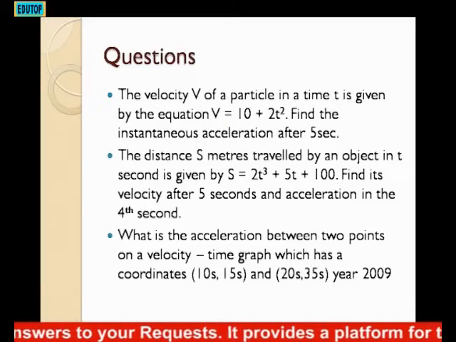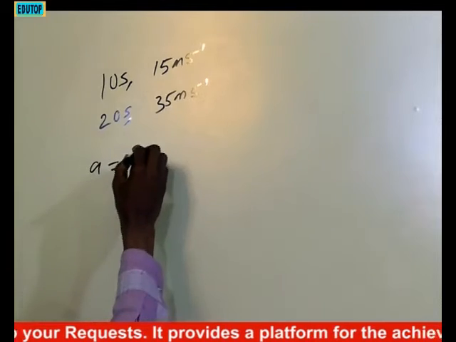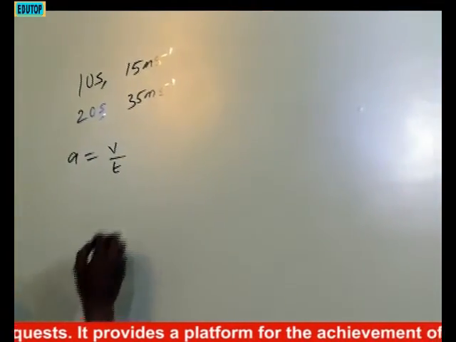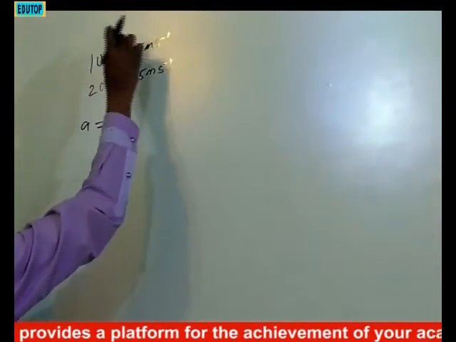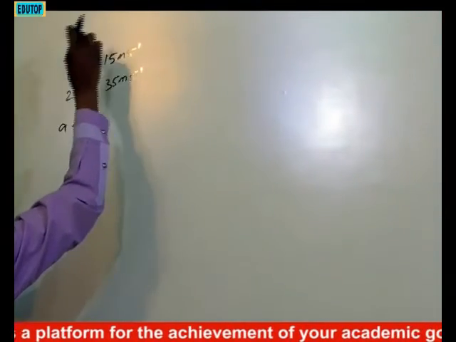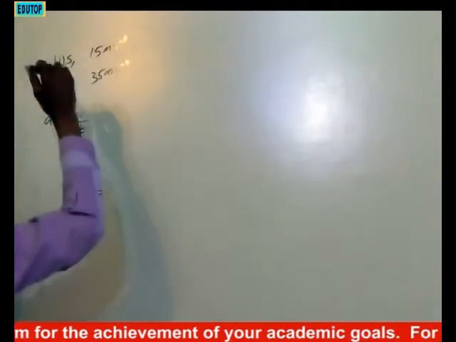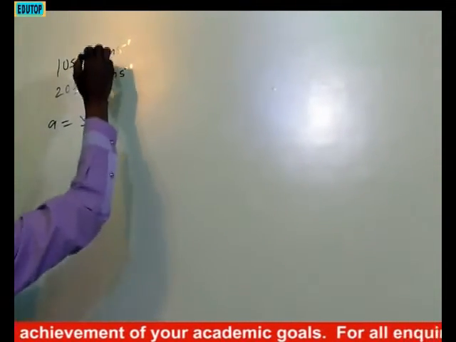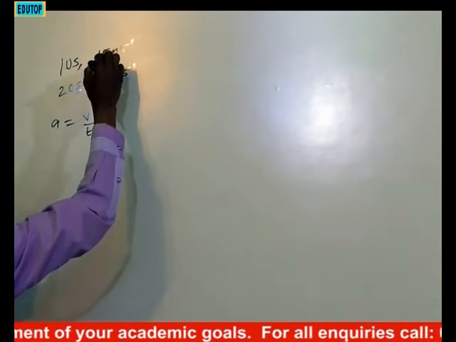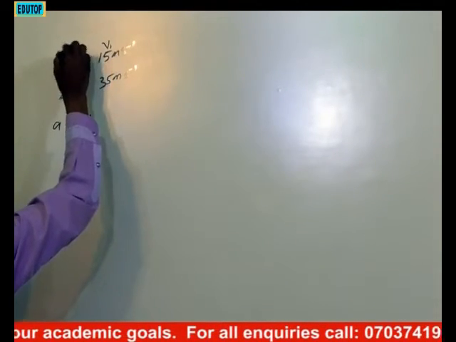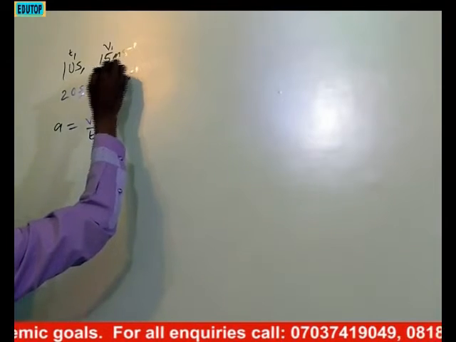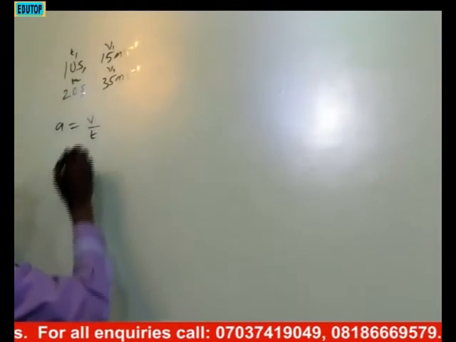And if you remember that acceleration is equal to change in velocity over time. In this case, we are given a particular value for velocity and time. This one will be your V1, this is your T1, this is your V2, this is your T2.